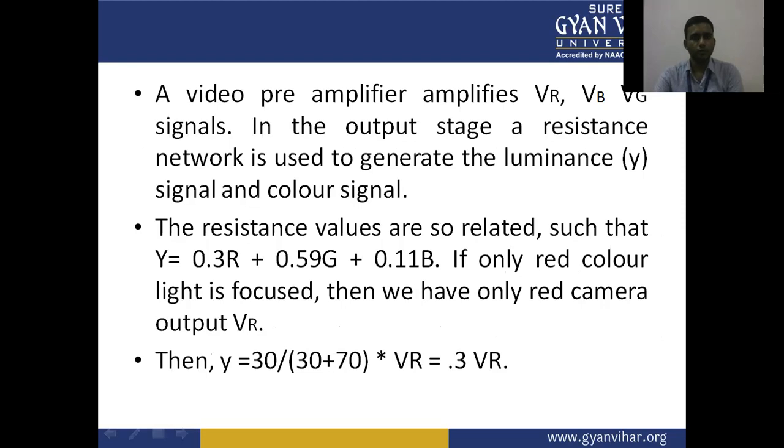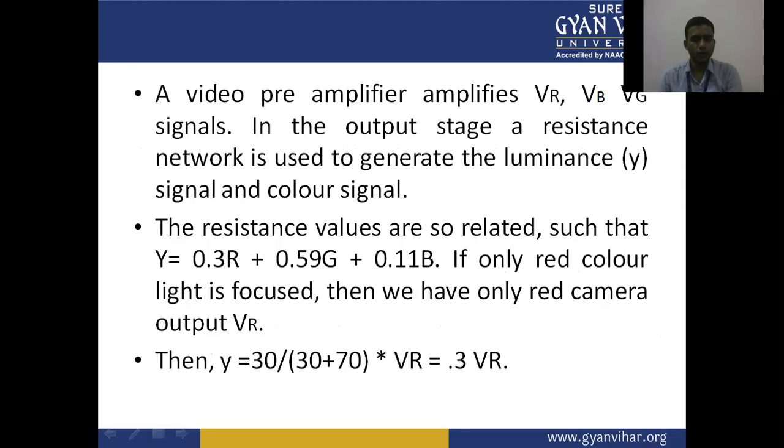A video preamplifier amplifies the VR, VG, VB, red, green, and blue signals. In the output stage, a resistance network is used to generate the luminance Y signal and color signals.